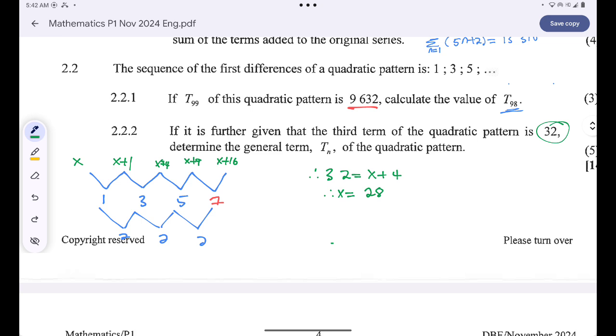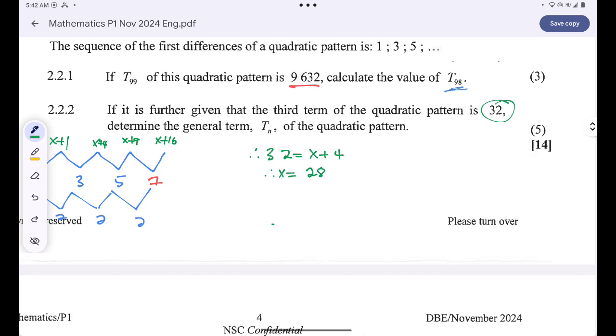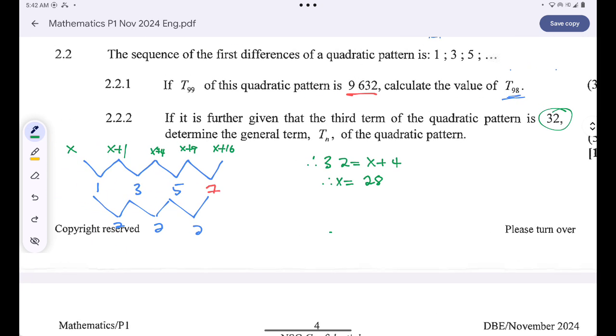So the new sequence with numerical values will basically be 28, then x plus 1, that's 29, and then 28 plus 4 is 32, but we were already told.